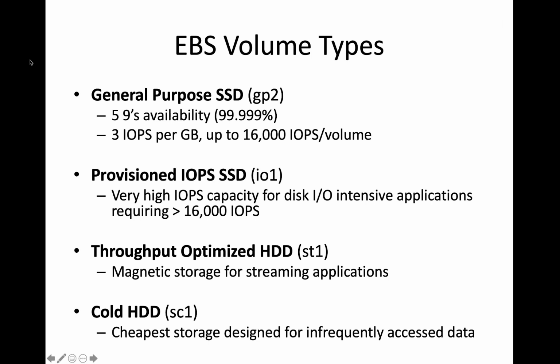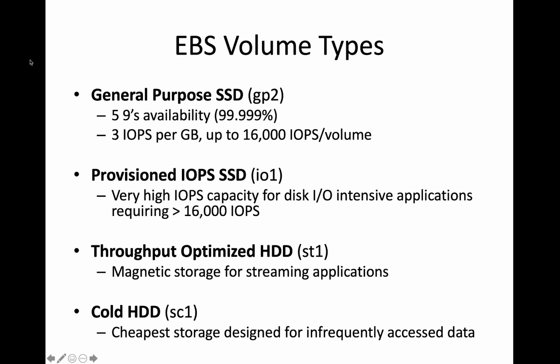If you have, let's say, some sort of streaming application where it doesn't require dynamic reads, then you might use the throughput optimized HDD storage, or what's called ST1. And this is based on magnetic storage. So if you have some sort of streaming data that you need to support, that might make sense.